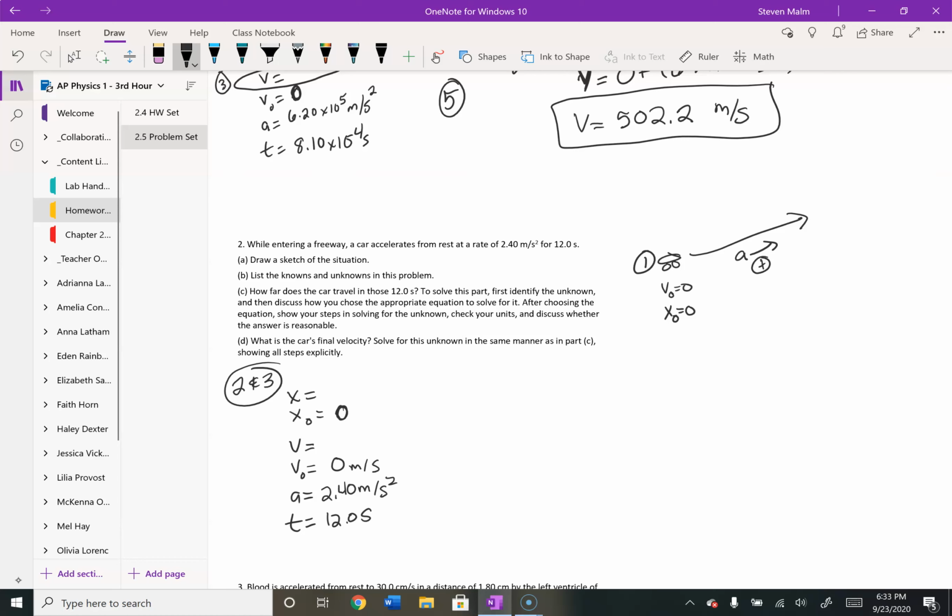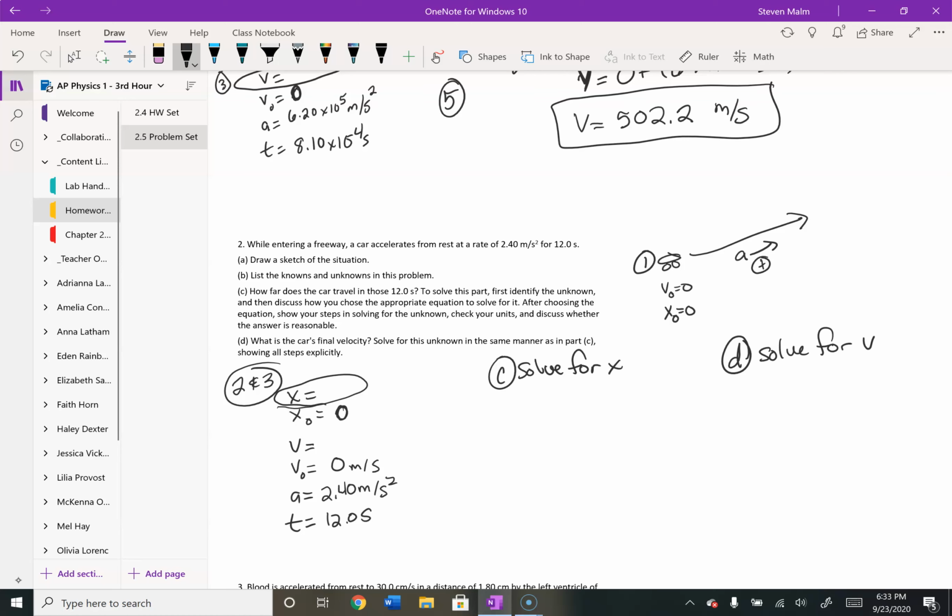Since it says how far does it travel, I would say we're probably going to want to solve for x in part C. It looks like in part D, you're going to have to solve the whole thing again, but the setup will be the same as far as the initial stuff for both part C and D. So for part C, we want to solve for final x, and in part D, we're going to solve for v.